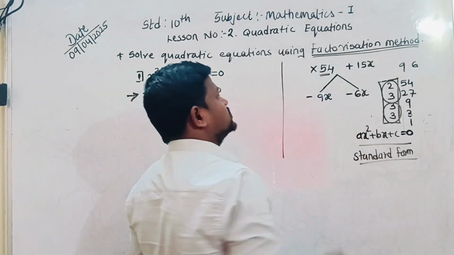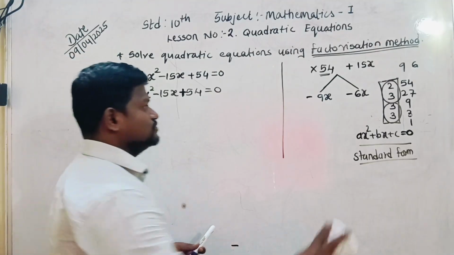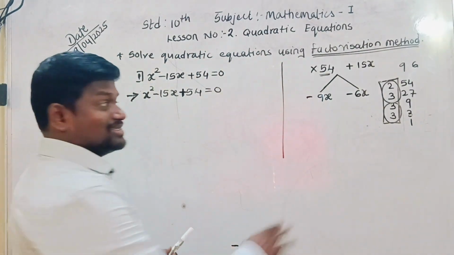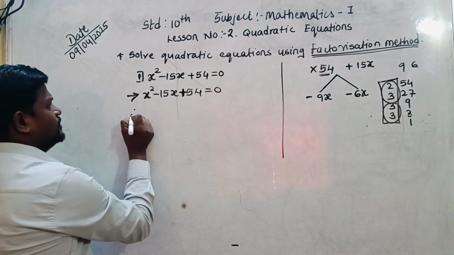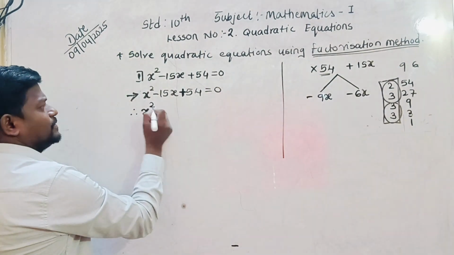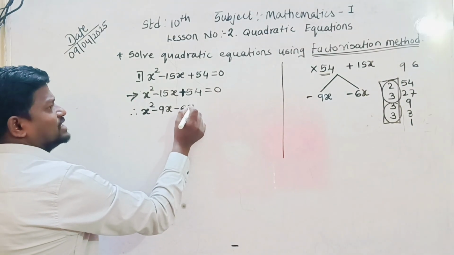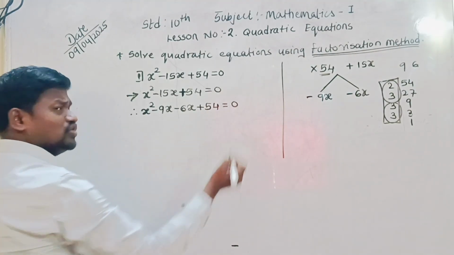Now write down the new factors that we found. So write down x square minus 9x minus 6x plus 54 equal to 0.